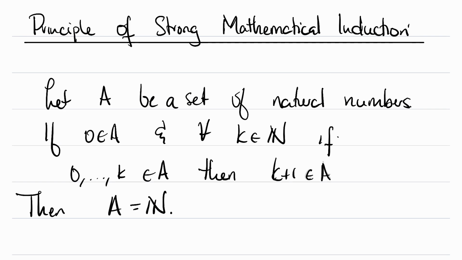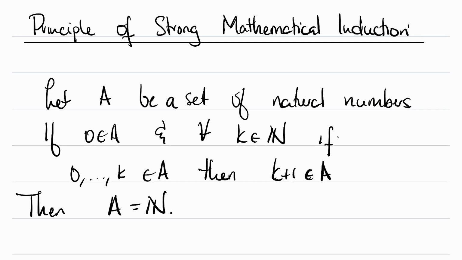You're trying to prove something holds for all natural numbers. You take your base case, which is 0 is in A. Instead of assuming that it just works for k and using that to prove that it works for k plus 1, we actually assume that it works for every number from 0 up to k. And then it implies that it holds for k plus 1.